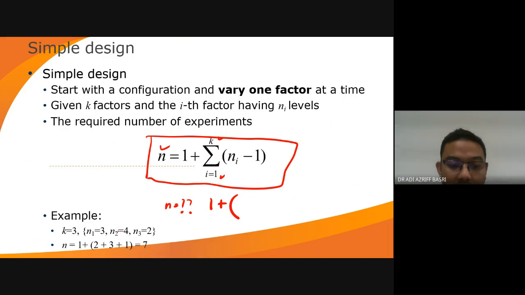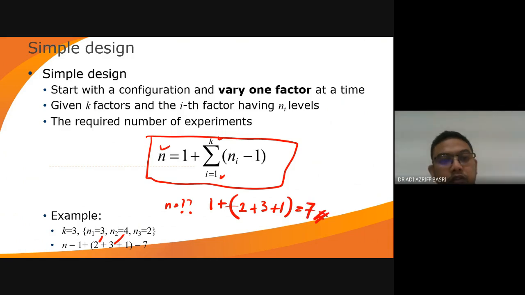The first n is 3, so 3 minus 1 becomes 2, 4 minus 1 becomes 3, and 2 minus 1 becomes 1. So in total you will get 7. Okay, so this is the simple design requirement, how many tests you want to try.